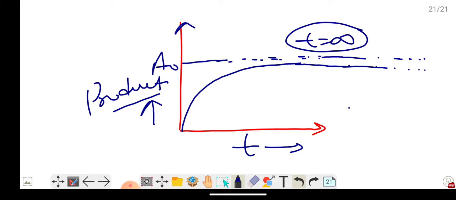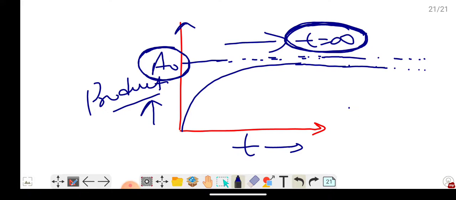In this way we see that for the product concentration to be equal to the maximum concentration of reactant, the time taken will be infinite. So for completion of a first order reaction, the time taken will be infinity. So this graph never touches the maximum concentration, that is A naught.